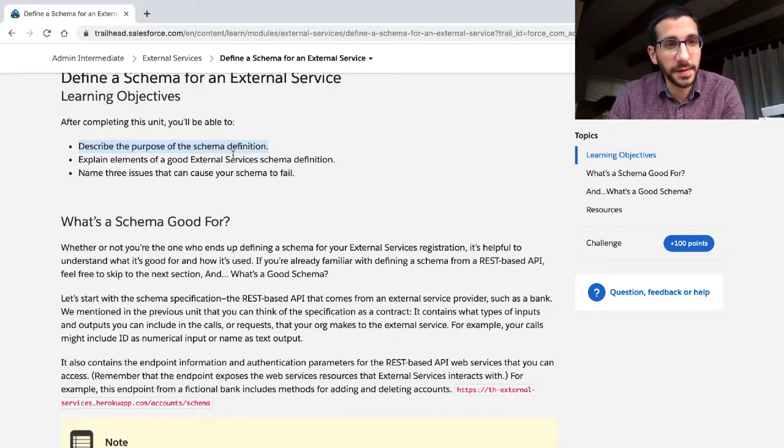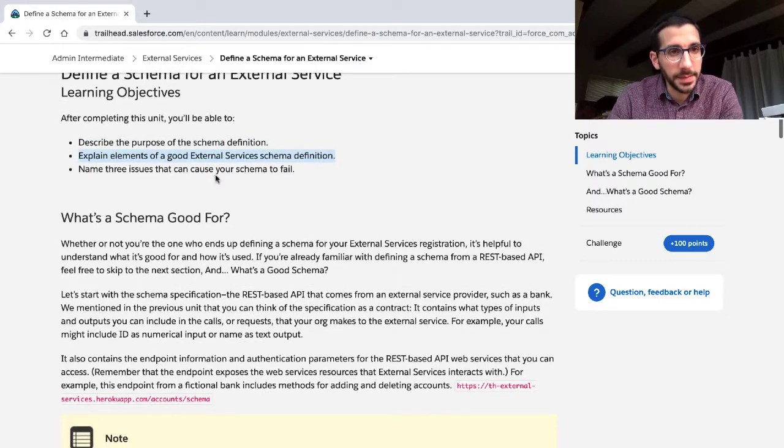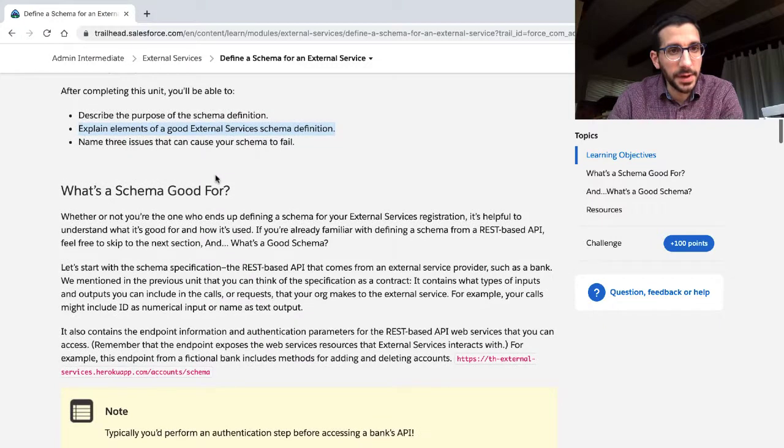And I'm just feeling like this one doesn't jump over that bar. So I don't understand what this means, but we're going to power on. Explain elements of a good external services schema definition. Ditto. Name 3 issues that can cause your schema to fail.